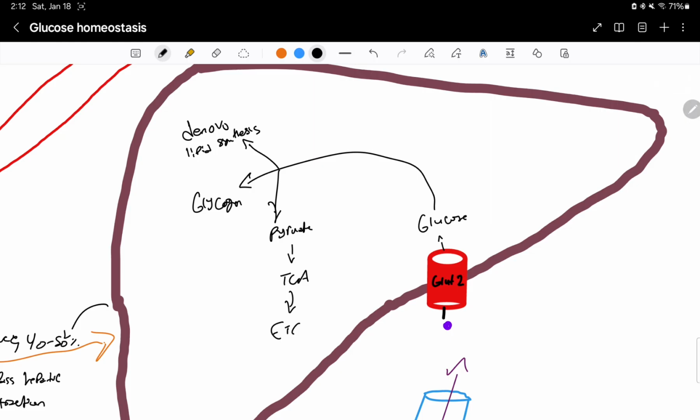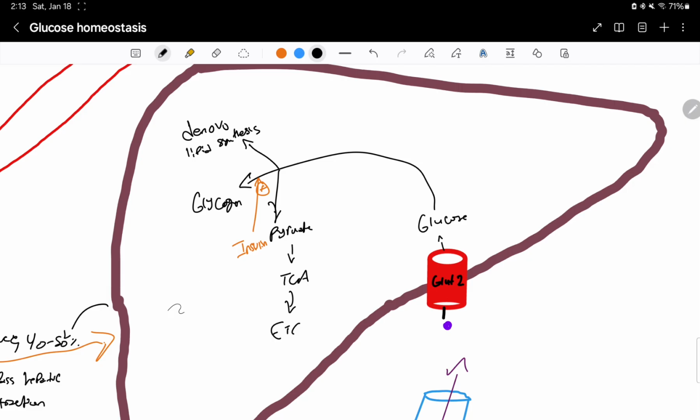Insulin is doing a couple of things. Not only can insulin come here and stimulate the conversion of glucose into glycogen, but it does something else. Remember the liver?